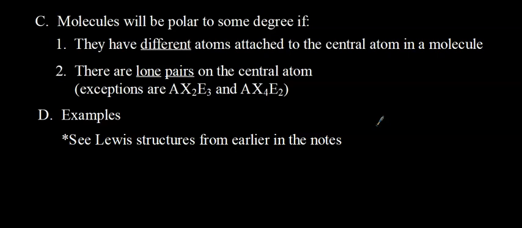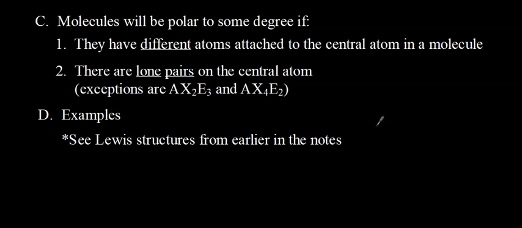So one of them is AX2E3, that's a derivative of the trigonal bipyramidal geometry. This type of molecule would have a linear molecular geometry. And so even though there's lone pairs of electrons on the central atom, those electrons cancel each other out, giving rise to a nonpolar molecule.